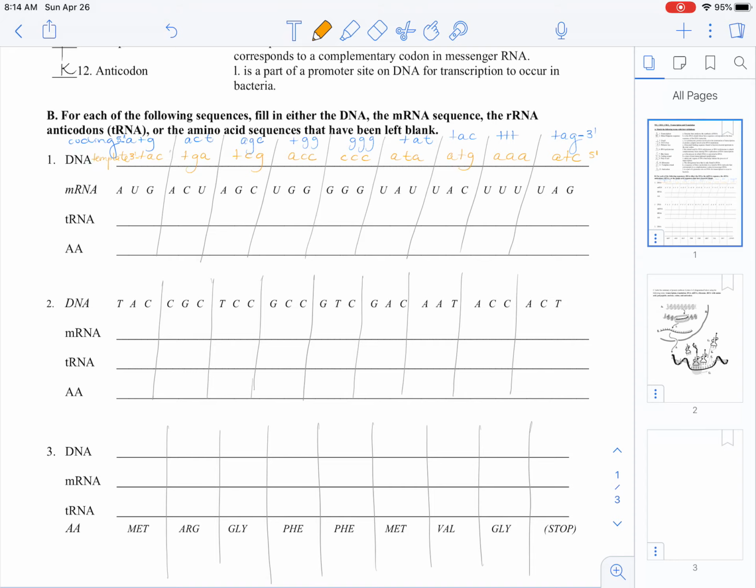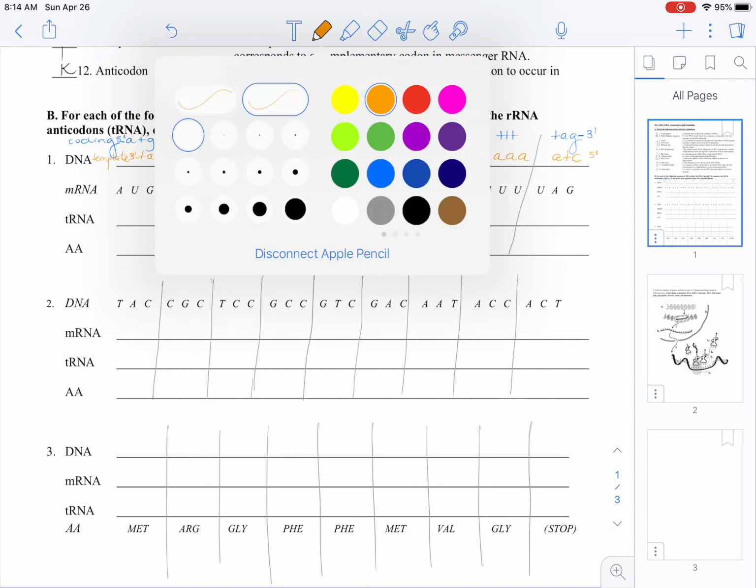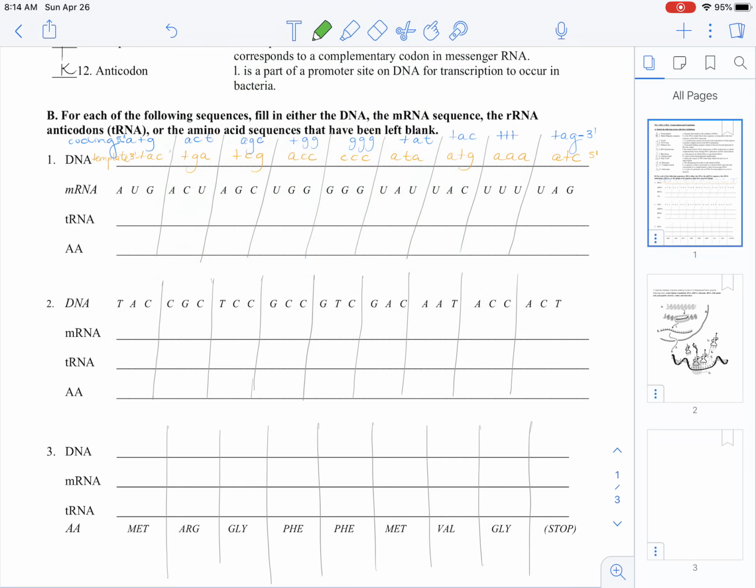Okay? Now, the tRNA is going to be present in the anticodon, and this is going to be base pairing with the mRNA.